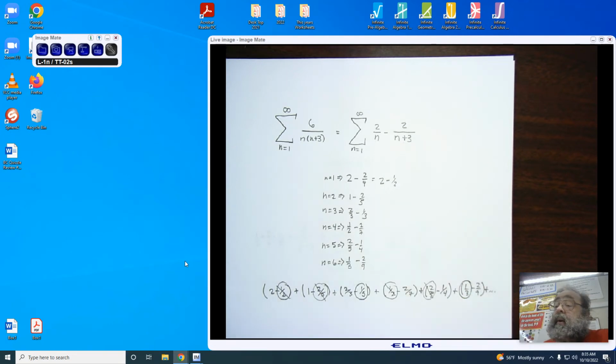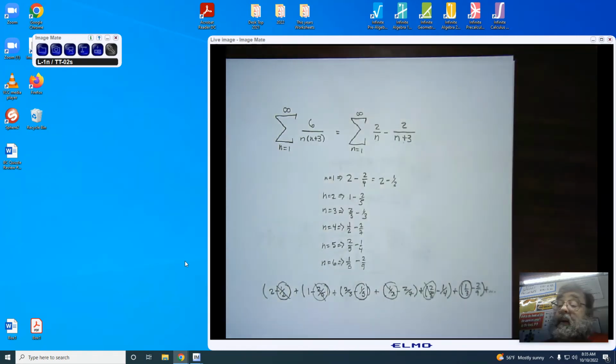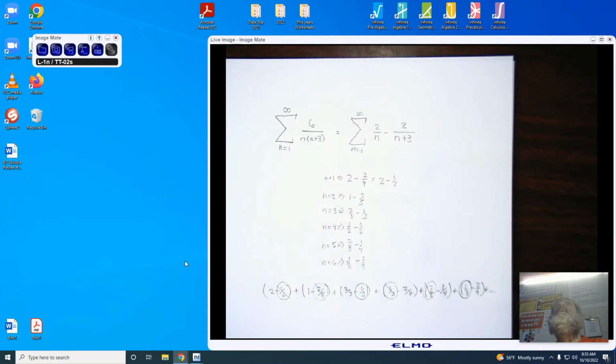And now, as I look at this, I notice that there are certain things that don't cancel, okay? And the certain things that don't cancel are 2 plus 1 plus 2/3.